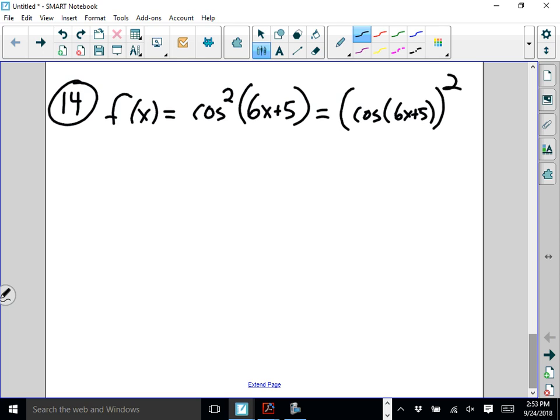And now I have a function, 6x plus 5, within another function, cosine of x, within another function, x squared. So I want to do the outermost derivative first. I'm going to do the derivative of the outer function with respect to the inner function.